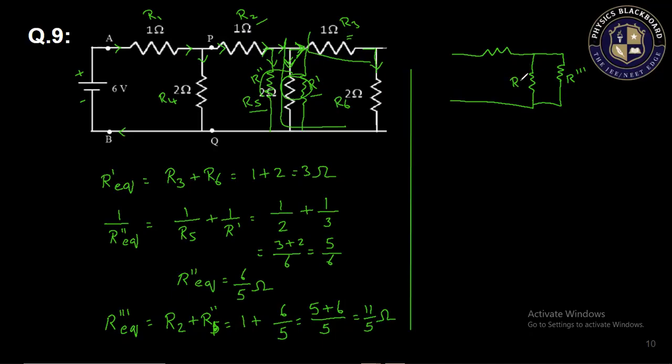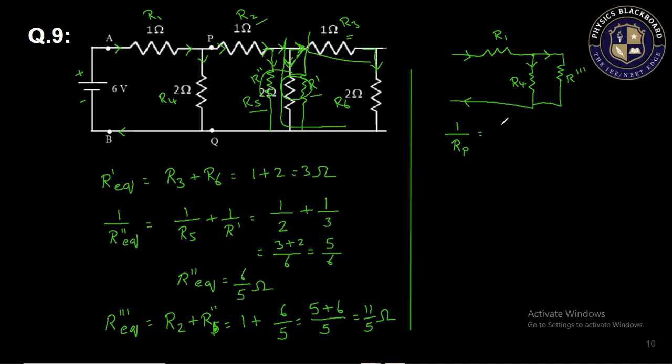Okay, let's say this is R4, this is R1. Now, you see that the current which is passing from R1 will divide here, right? Through R triple dash and R4. So we can say that these two are now in parallel connection.